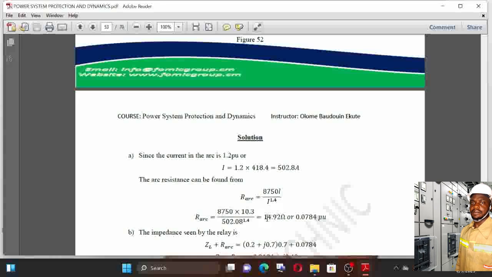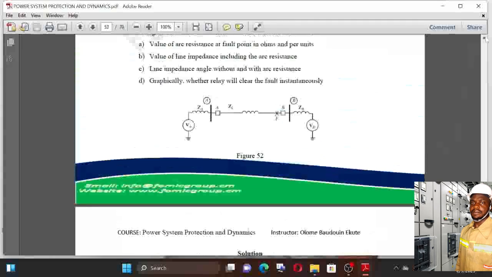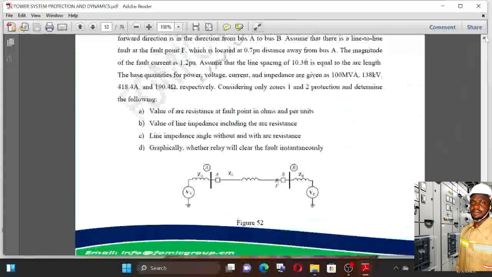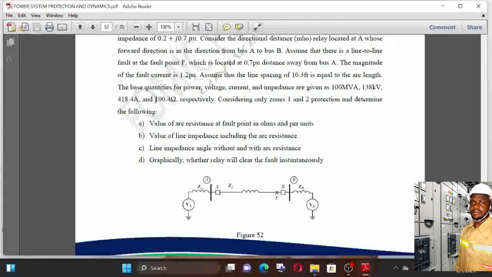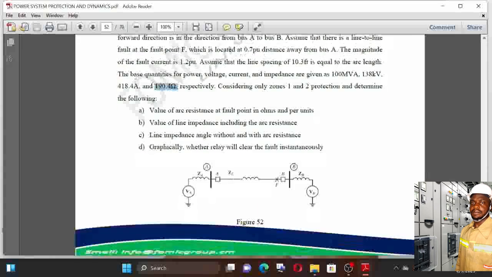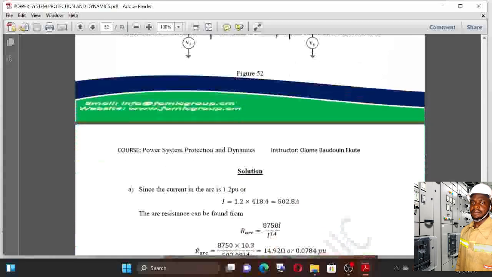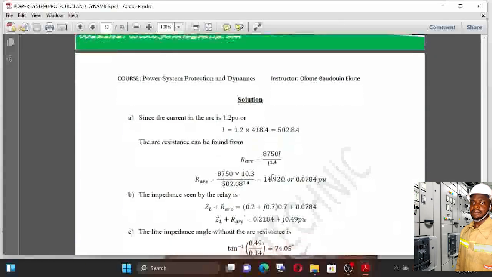Then you have the arc resistance, which is 14.92 ohms. If you want it in per unit, you divide by the base value, which is 190.4. The per unit value is equal to the actual value divided by the base value.